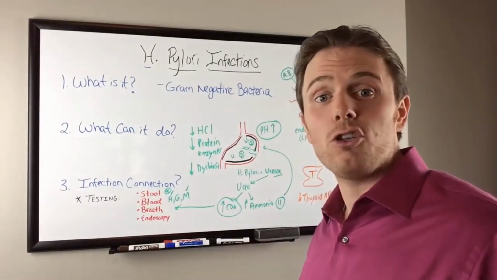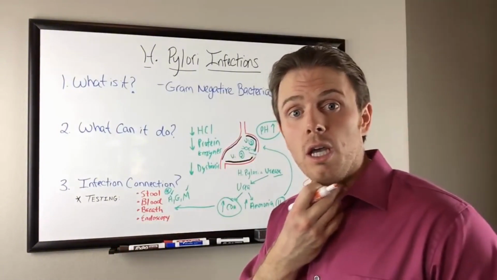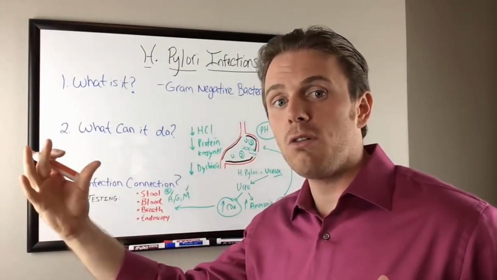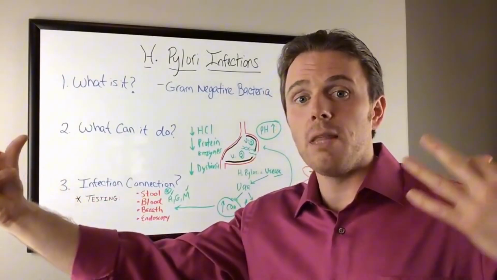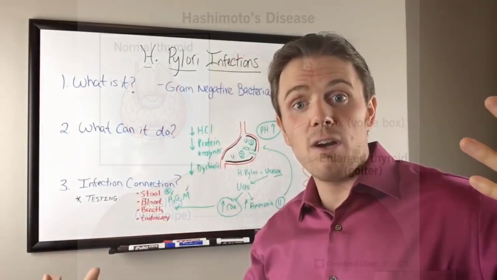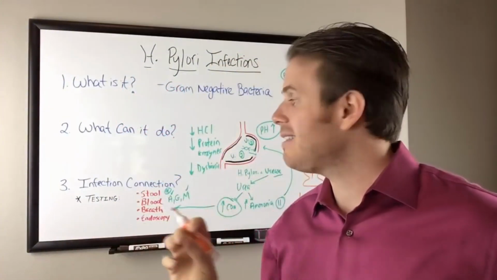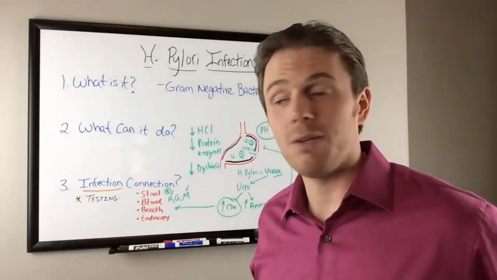So it's essential because 80 to 90% of all thyroid issues are autoimmune in origin, and we have the most common bacterial infection, H. pylori. If it's the most common bacterial infection and the most common thyroid issue, and we see that if we remove H. pylori, thyroid antibodies drop, I think everyone can see the infection connection and how important it is to getting to the root cause of a thyroid issue.